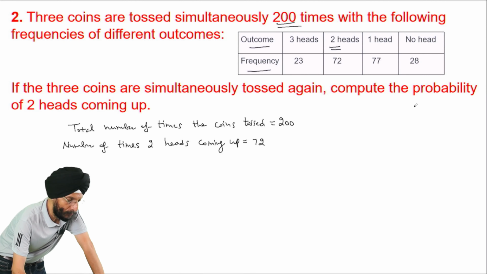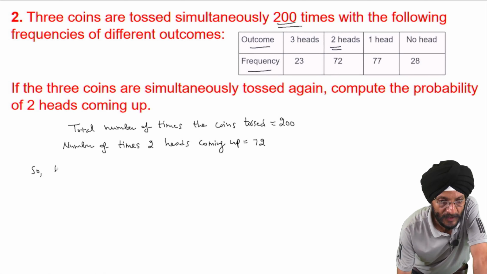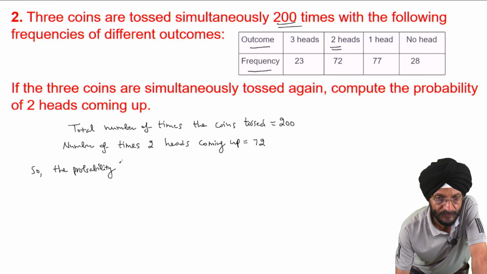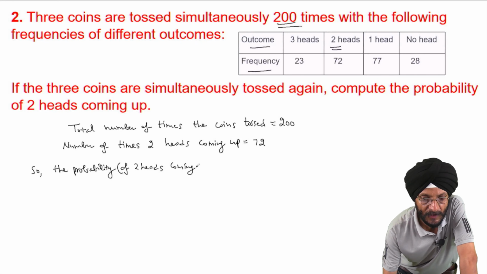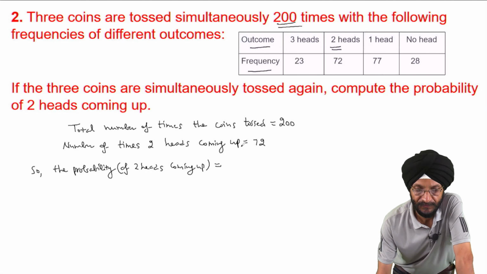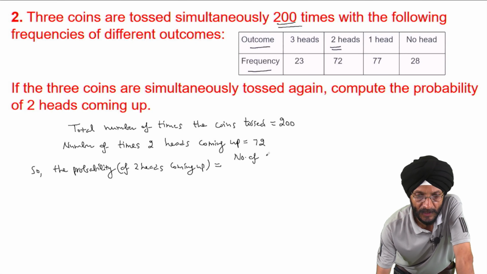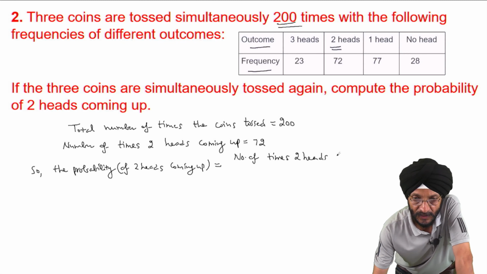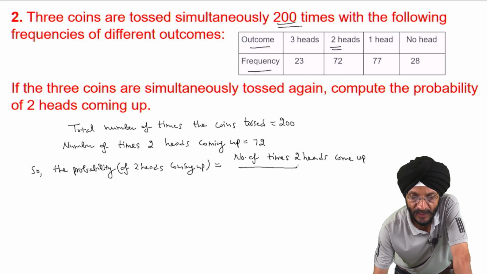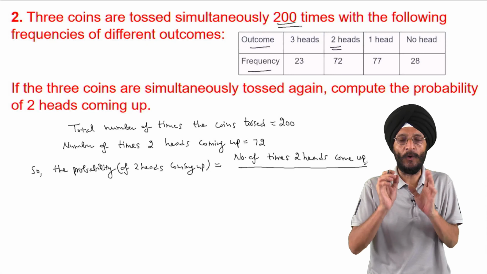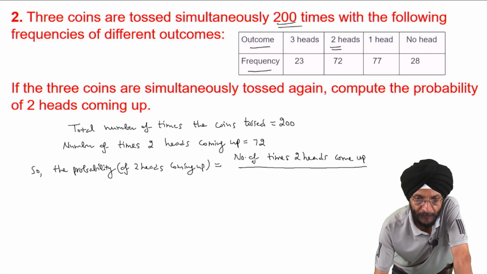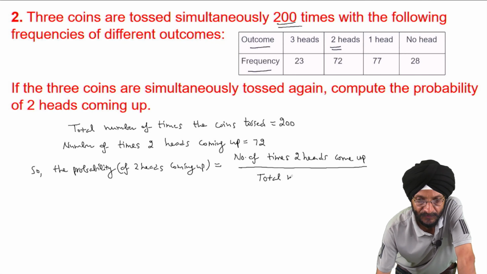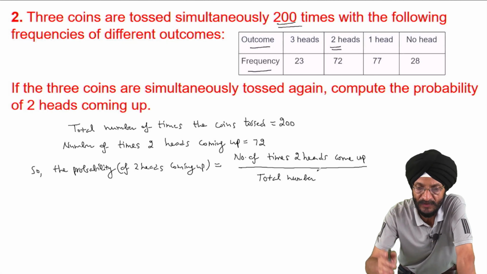So now we have to find the probability. So the probability of two heads coming up is equal to number of times two heads come up, that is the number of times the two heads were found, it is to be divided by the total number of tosses, or total number of times the coins were tossed.